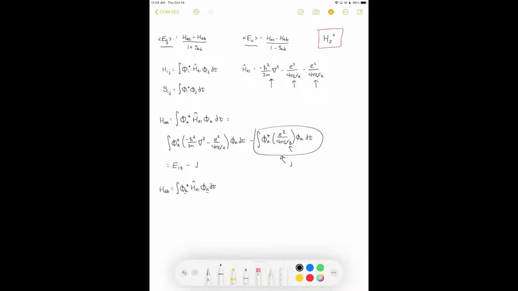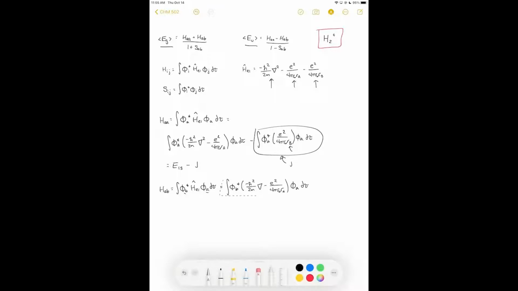They're talking about wave functions centered around atom B and atom A. So when we go through this, what we end up getting is the integral of phi B star, and then we'll have minus h bar squared over 2m times the kinetic energy operator. And in this case, minus e squared over 4 pi epsilon naught RA, and then operating on phi A.